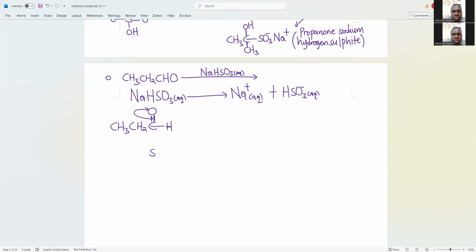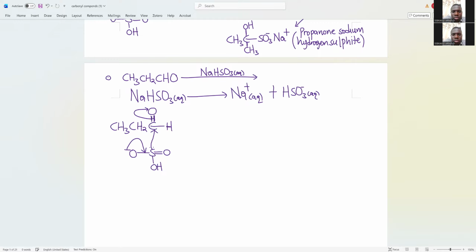So I bring my hydrogen sulfite ion. From bonding it has this structure. There are lone pairs of electrons on sulfur, which are donated to carbon. Once they are donated to carbon, sulfur becomes electron deficient.